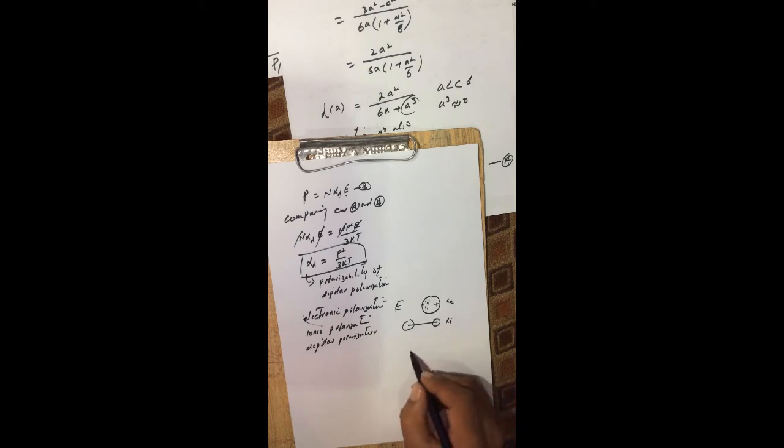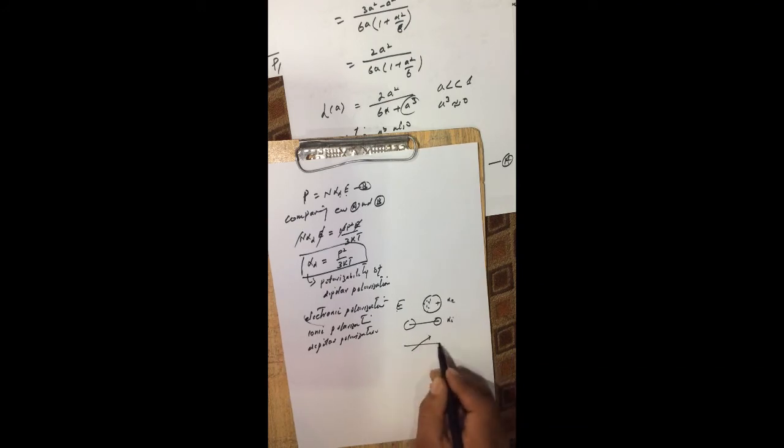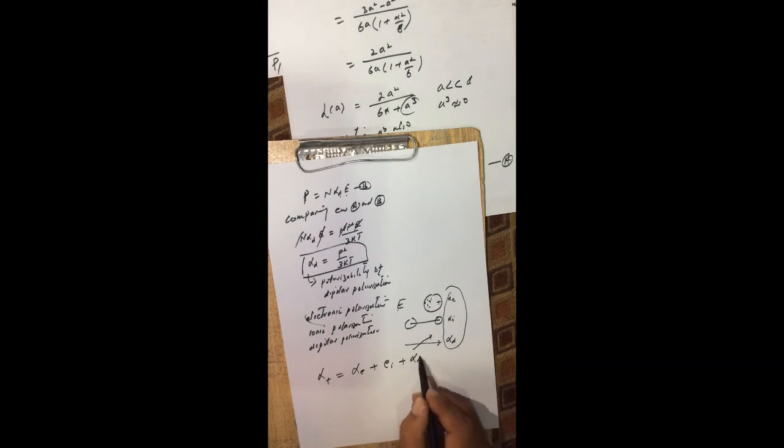So we have dipolar polarization also there. So the net polarization will be the sum of all these polarizations. The total polarization will be equal to electronic polarization plus ionic polarization plus dipolar polarization.